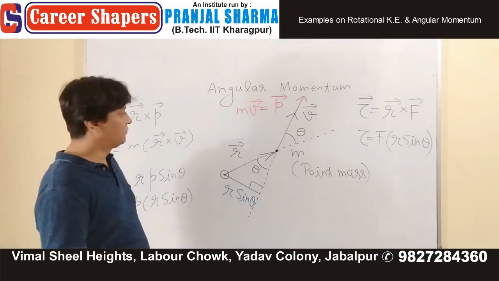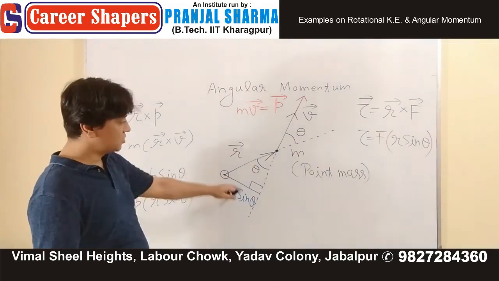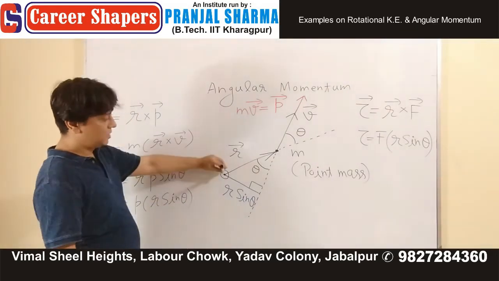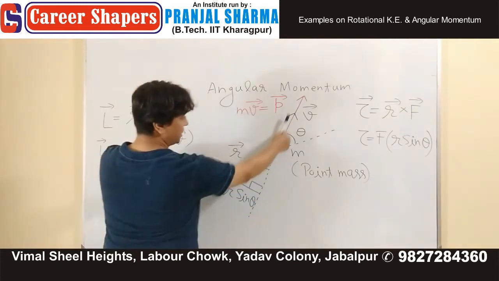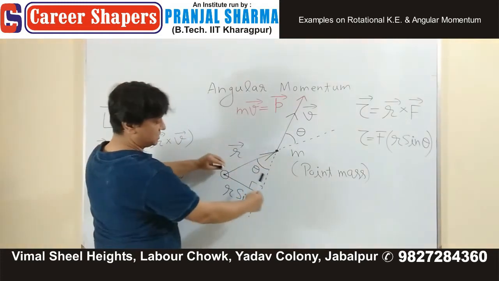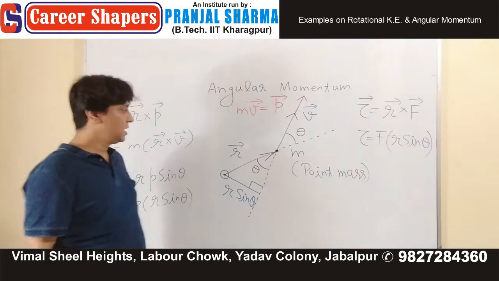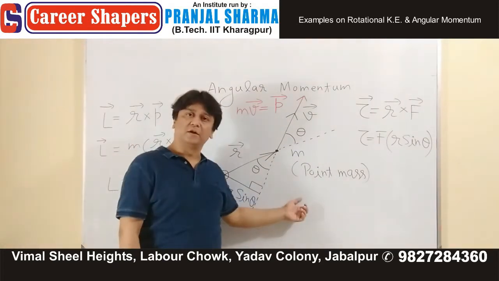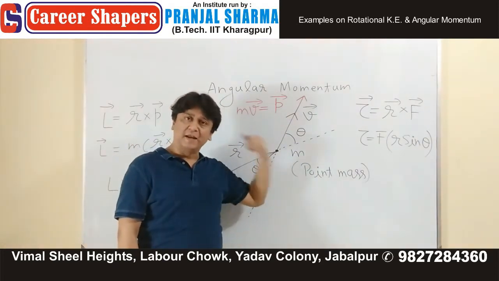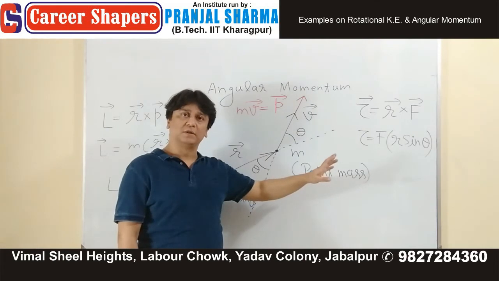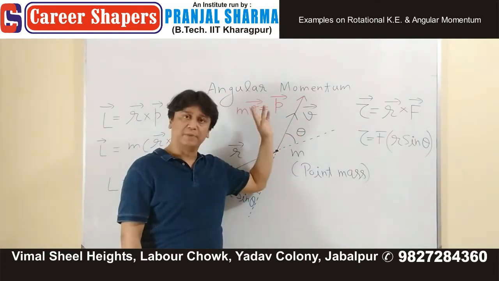Perpendicular distance of linear momentum from the axis of rotation. Axis of rotation and the linear momentum go for the perpendicular distance. This is the angular momentum of any point mass which is moving with certain linear momentum P.